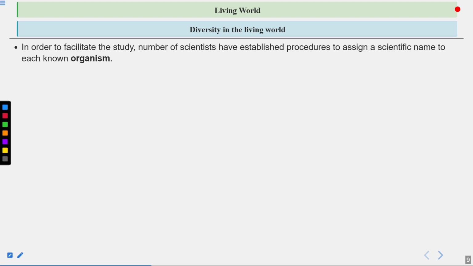In order to facilitate the study, a number of scientists have established procedures to assign a scientific name to each known organism. This is acceptable to biologists all over the world.